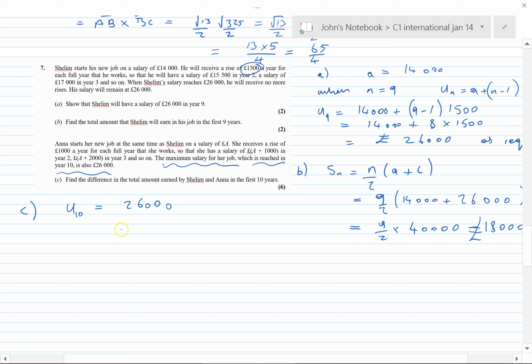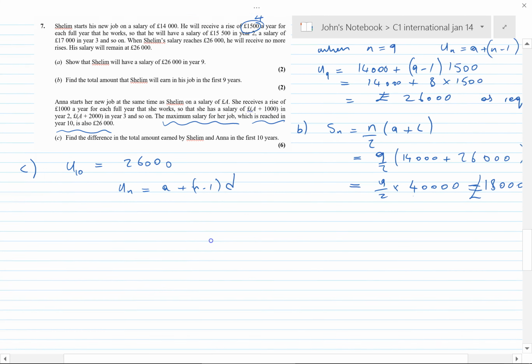So if we use the UN formula, UN is equal to A plus N minus 1 D. We can put that in. We want to find what A is when given that N is 10 and D is 1,000.